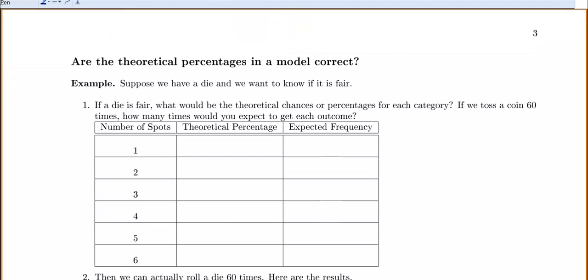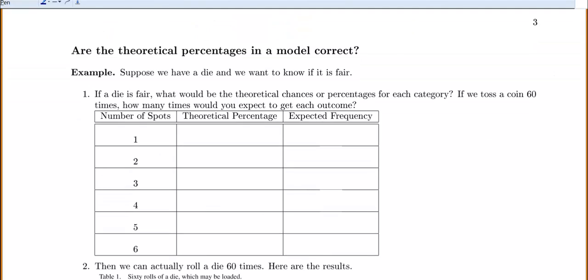So now for our first application, we use this when we want to talk about whether the theoretical percentages in a model are correct. So for example, let's suppose that we have a die and we want to know if it's fair. So if the die is fair, what would be the theoretical chances or percentages for each category or each possible outcome? Also then, if we toss a coin 60 times, how many times would you expect to get each outcome?